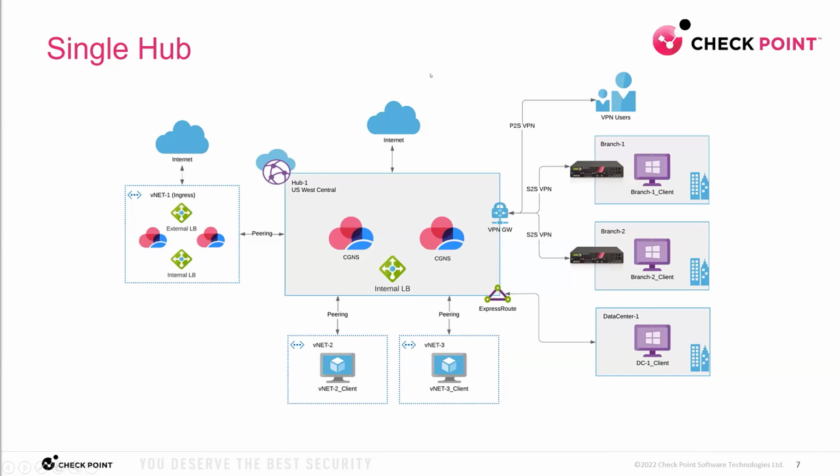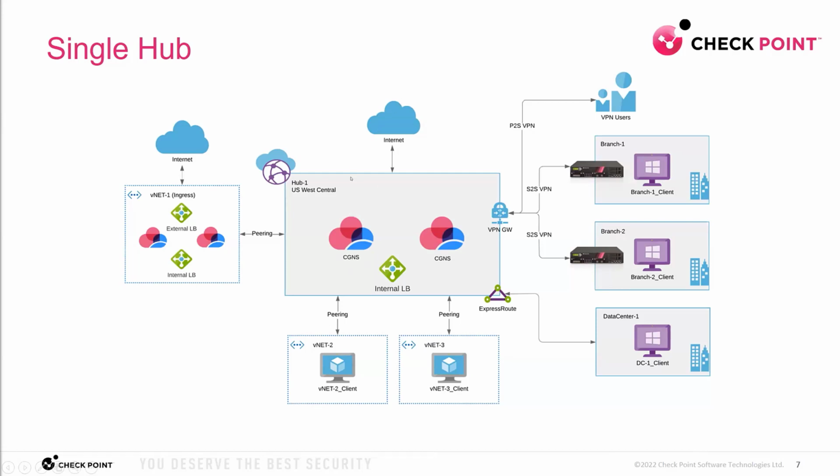So if this guy wants to go to the internet, his default route is to the internal load balancer, and the load balancer is going to pick one of the available CloudGuards. Let's say it picks this one. We will configure hide NAT. For this packet, which has an internal IP address, we will go to this guy, and this guy, the Check Point gateway, is going to hide the internal private IP behind the gateway external IP and go to the internet.